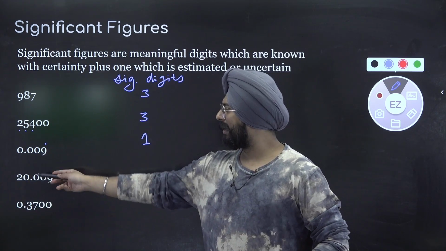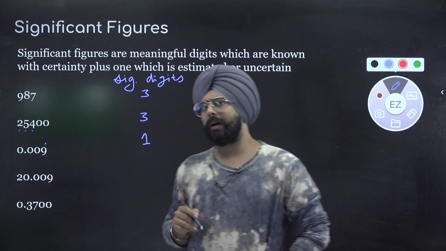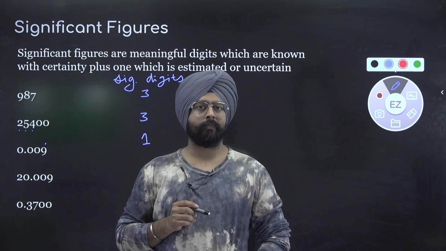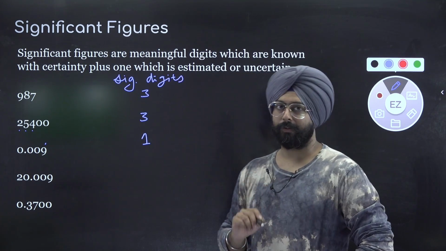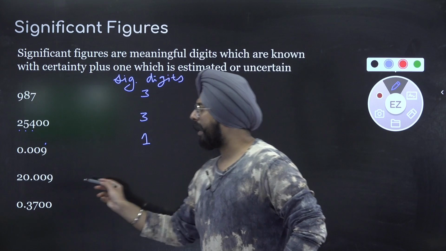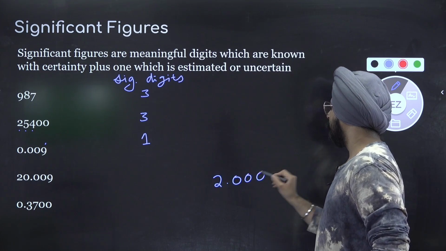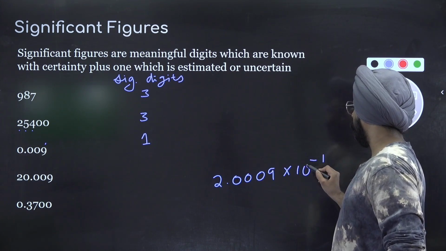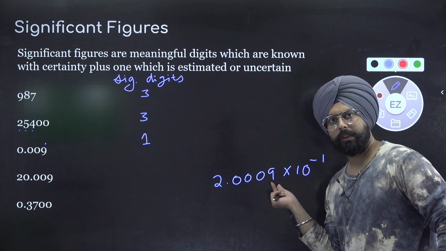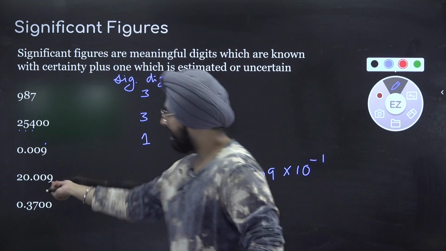Now, people, let's come to this example, 20.009. Now should we count the zeros? Yes, we should count the zeros over here. This can be written as 2.0009 into 10 to the power 1. See, this is important. This 0.009, this number 9 is important.